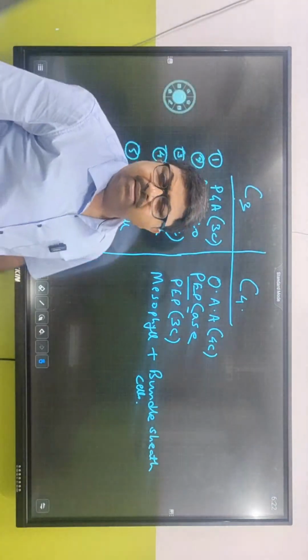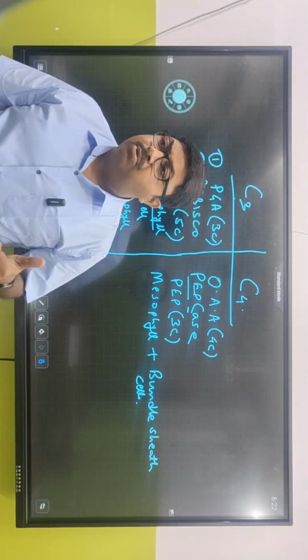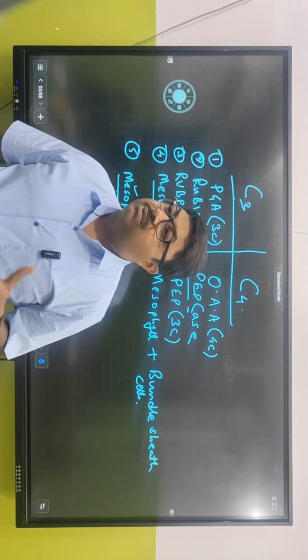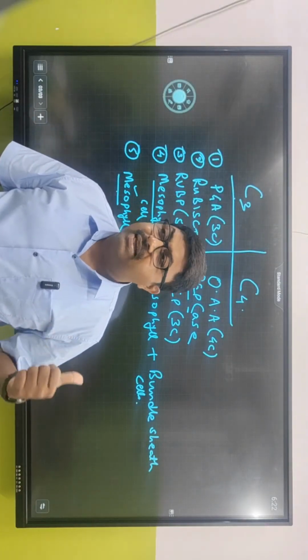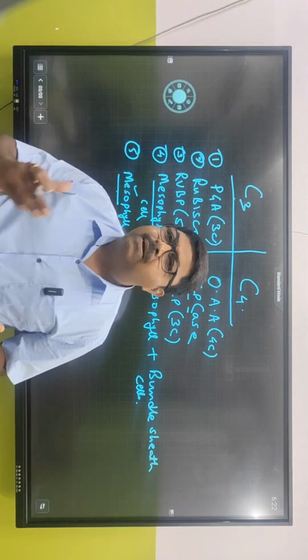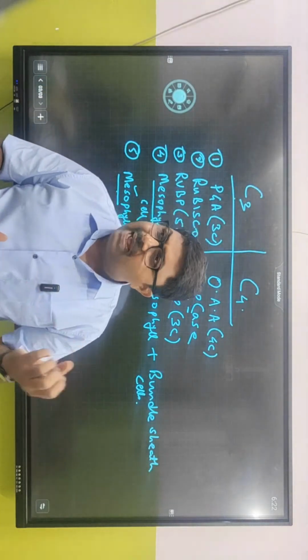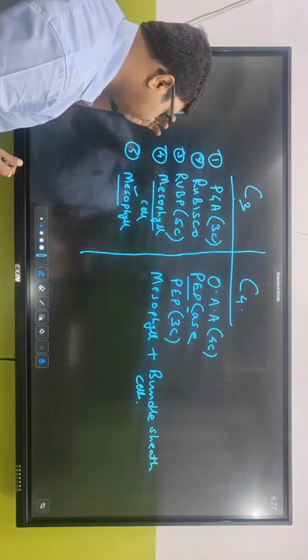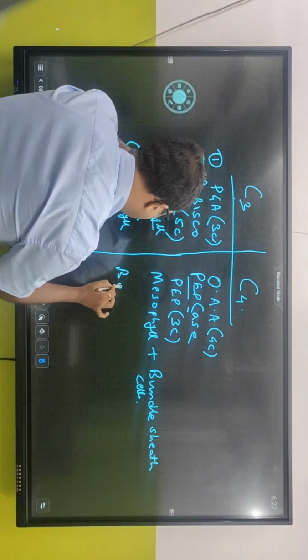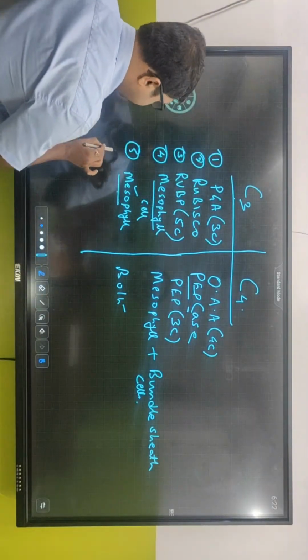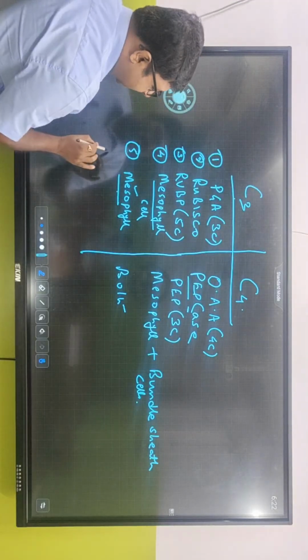এখানে কি হয়? The atmospheric carbon dioxide is accepted in mesophyll as well as in bundle sheath cells. Bundle sheath cells-এ কি হয়? The carbon dioxide from the 4-carbon compound is being accepted by the Rubisco. তাহলে এখানে both fine. Now আর সঙ্গে কি আছে?